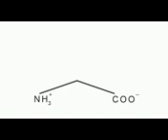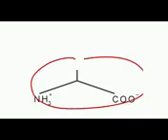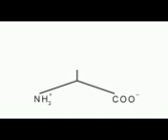Every single other amino acid, aside from glycine, has a beta carbon. If you're not familiar with the terminology, this carbon right here is the alpha carbon, and all other amino acids have at least this beta carbon right here. We're now going to call this whole structure our backbone for building amino acids.